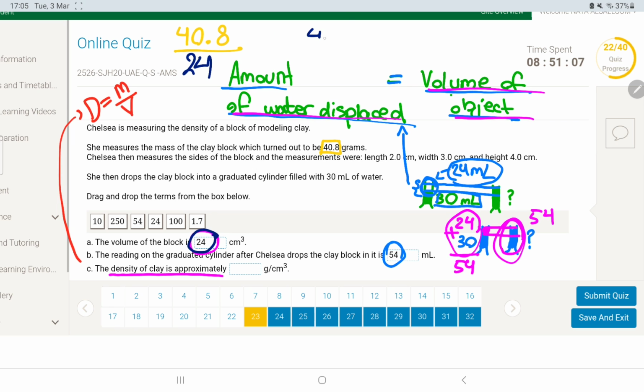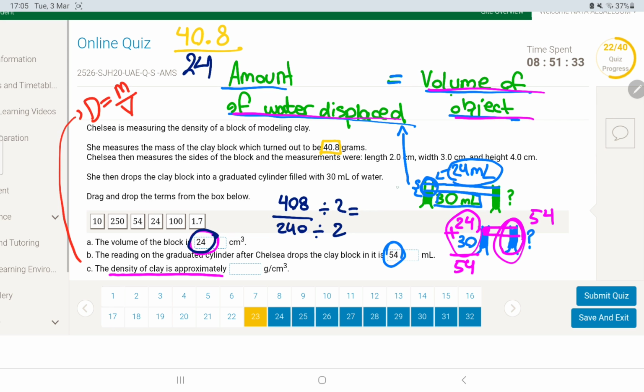So over 24. What do you get here? It's the same thing as saying 408 over 240. So we're just going to divide each by 2.